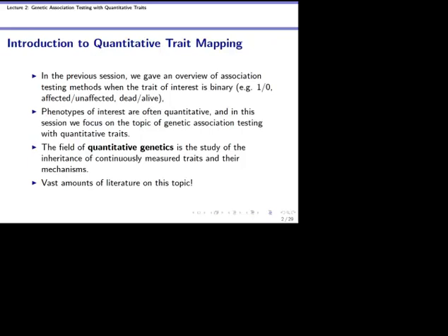We cannot cover it in an entire hour, but I'm just going to give you a basic idea of quantitative trait mapping, and it's pretty similar to logistic regression. We're still doing a regression model, but we're generally going to be using linear regression, where we allow the trait to be continuous.